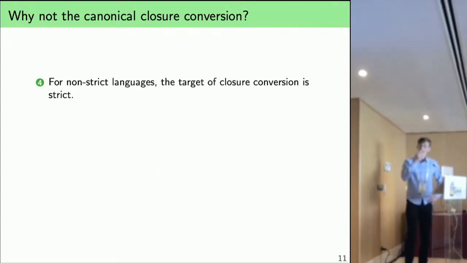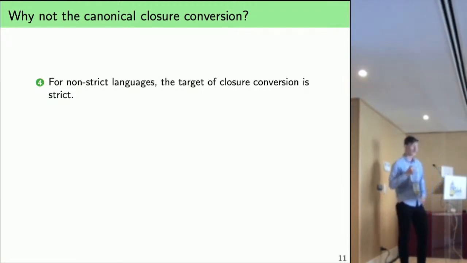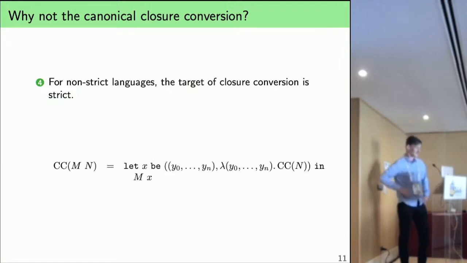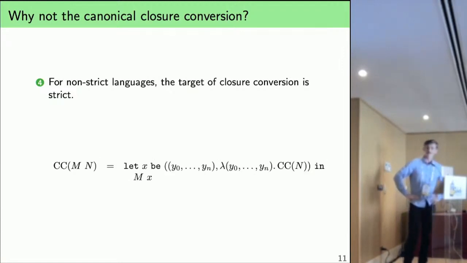Here's another problem, is that for non-strict languages, the target of closure conversion is a strict language. And to demonstrate that, here's sort of a hand-wavy closure conversion for call by name. So we saw with the Krivine machine that we need closures for function arguments.